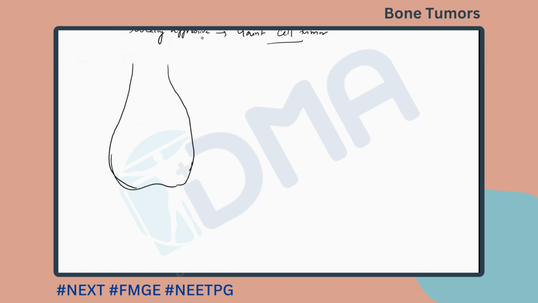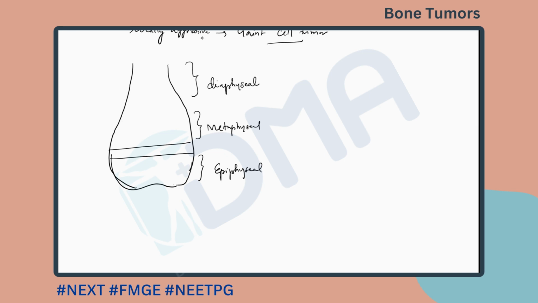As we already know, this is called the epiphyseal region, and there is a plate here called the epiphyseal plate, and then this region is called the metaphyseal region, and this region is called the diaphyseal region. Why we are again coming to this topic is certain tumors are common in certain areas. So we'll see what are the tumors which are common in these areas.